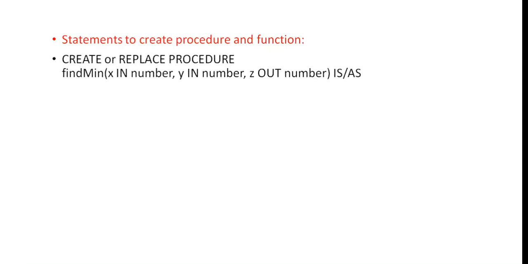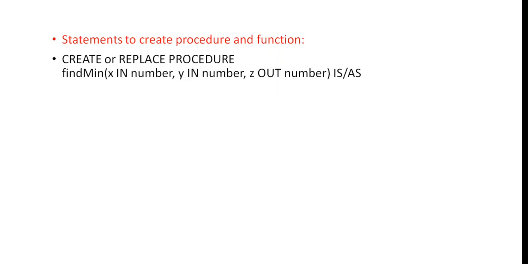Now quickly let's see the statements to create a procedure and a function, and what the difference is between the statements while creating a procedure and while creating a function. Creating a procedure is create or replace procedure find_mean (x in number, y in number, z out number).